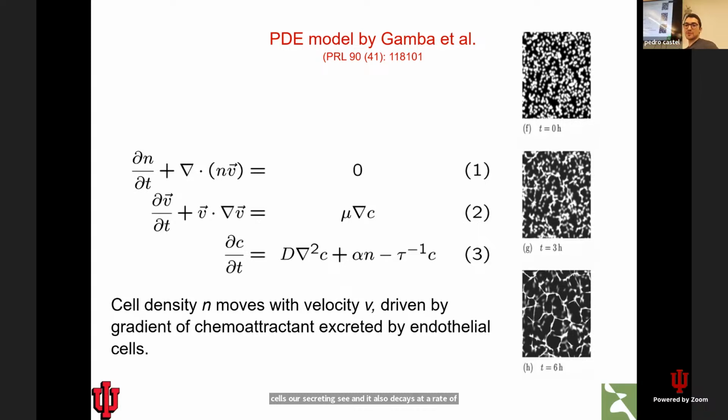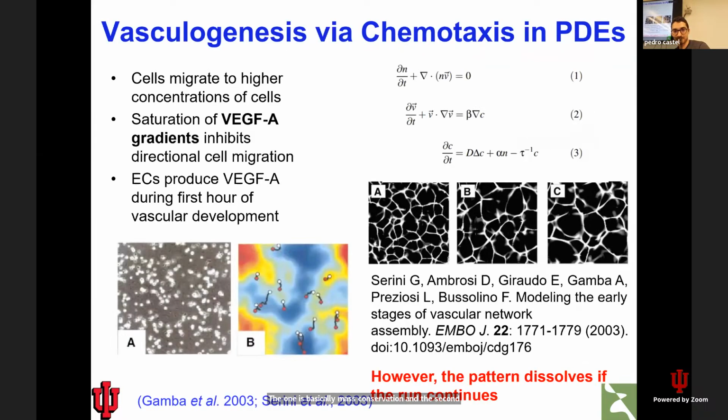So equation 3 we should be familiar with. Equations 1 and 2 we are not familiar with, but the idea is very simple. The first is basically mass conservation, and the second one is Navier-Stokes, where cells move according to the gradient. They successfully achieved the patterns, and this is what we want to replicate using CompuCell, an agent-based model.